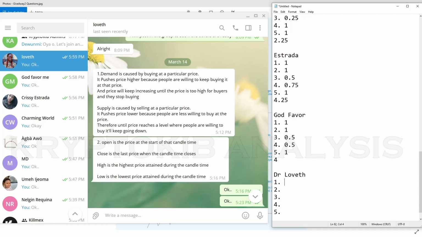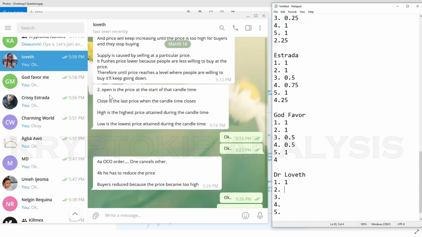Therefore, yes, that's also correct. Until price reaches a level where people are willing to buy, it keeps going. Open is the price at the start of the candle. Close is the last price when the candle time closes. High is the highest price. Low is the lowest price. That's also correct.